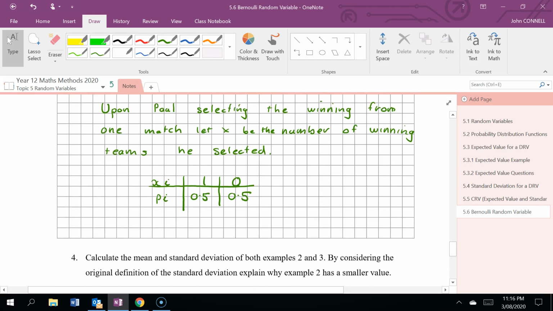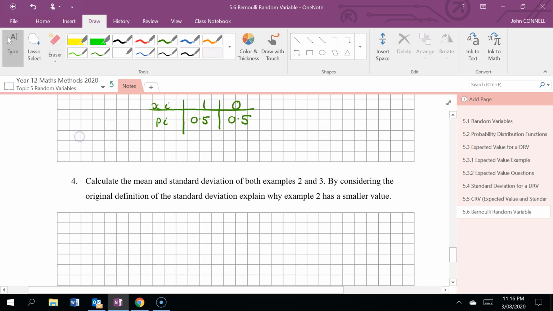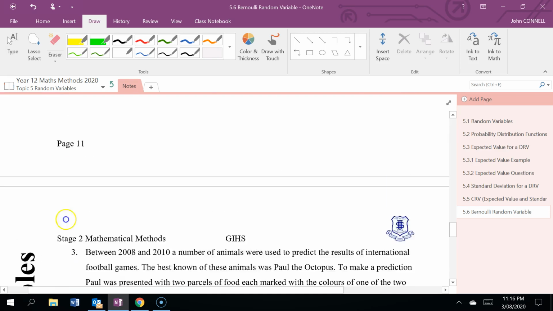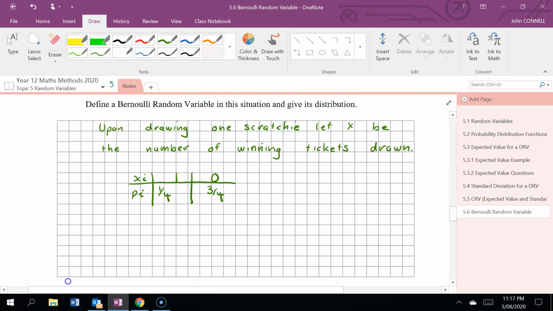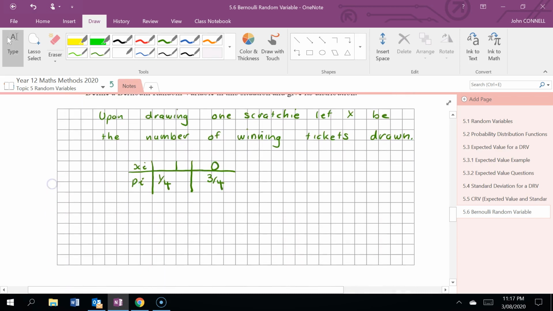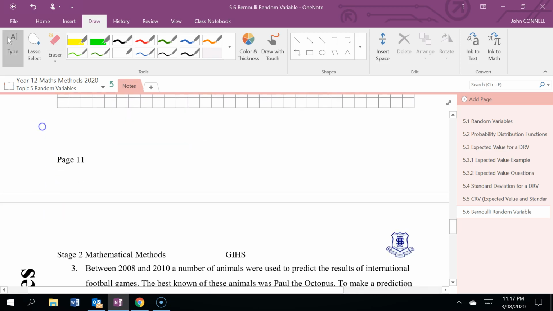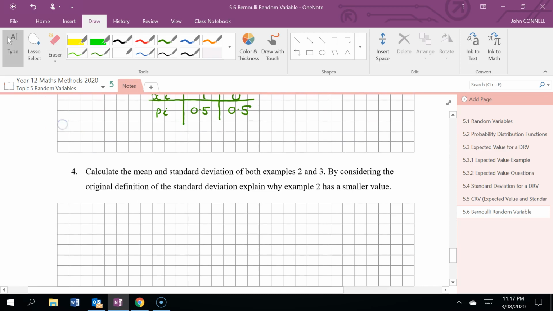Okay, alright. So, in question 4, we've got to calculate the standard deviation of both these two examples. So the mean, for example 2, the expected value of x is the probability of success, so it was a quarter. Remember, that was the scratchies ticket.